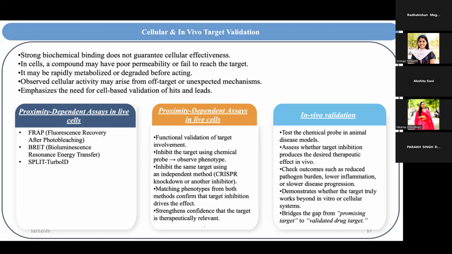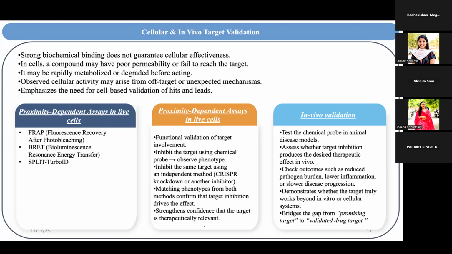FRAP is used with fluorescence, where the ligand is labeled with a fluorophore, and we bleach a region of the cell and watch how quickly the fluorescence recovers by diffusion. If the ligand is bound to immobile target proteins, the recovery is slower. So this indicates on-target binding. Then there is BRET, bioluminescence resonance energy transfer.